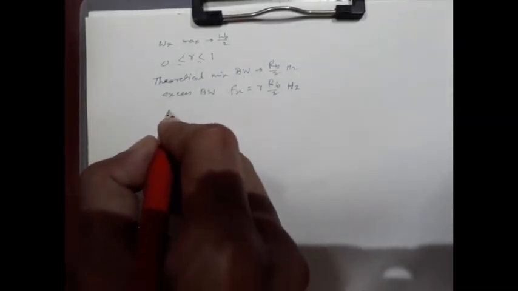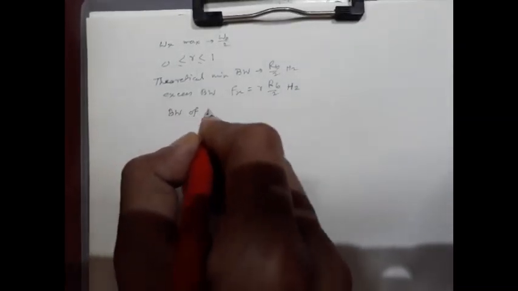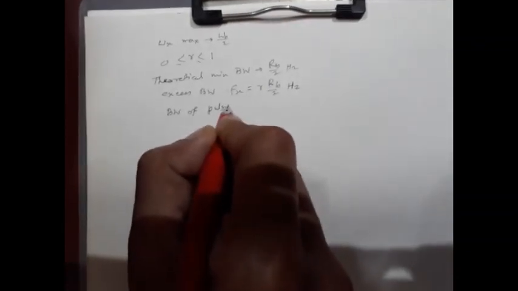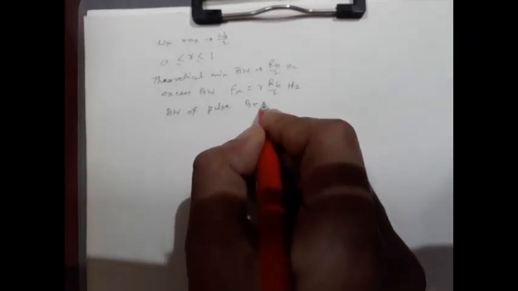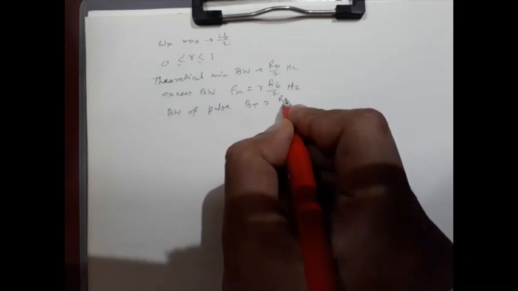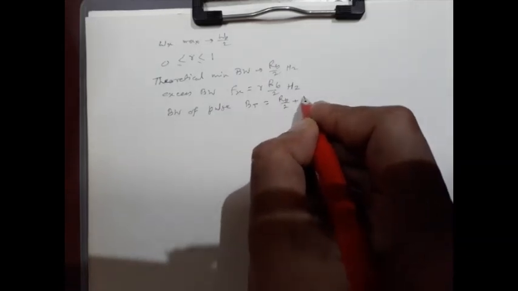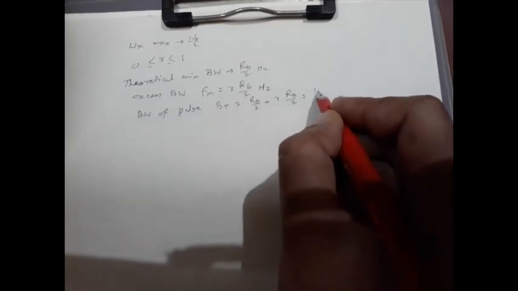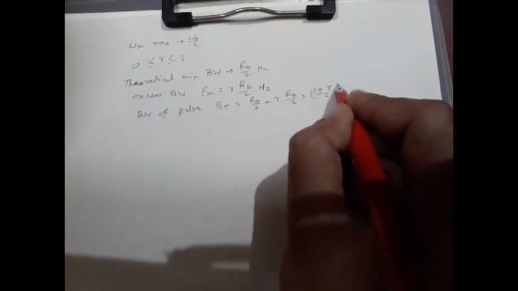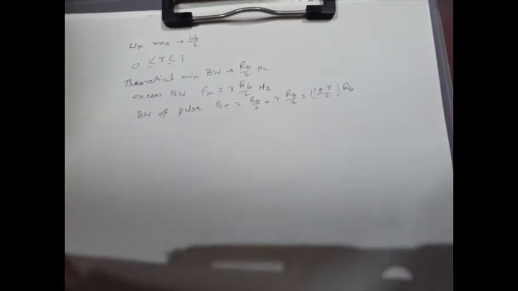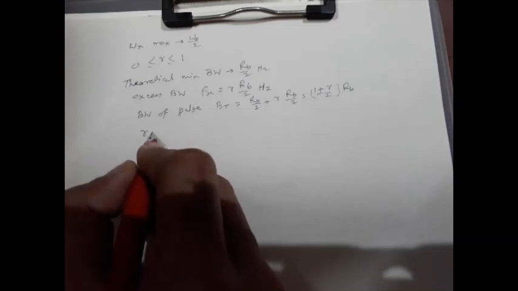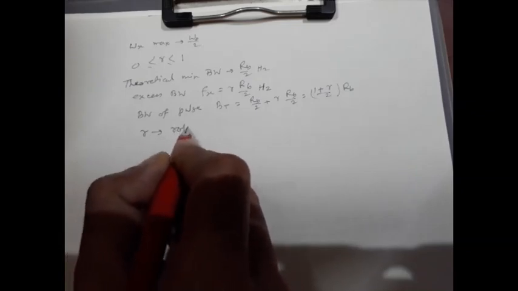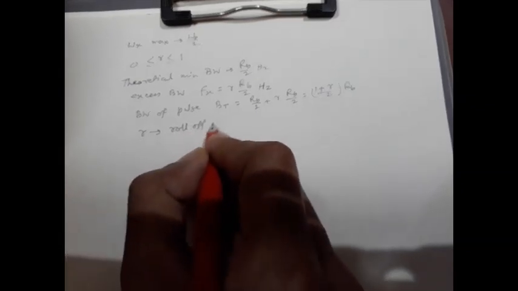So the bandwidth of the pulse, say Bt, equals the addition of these two: Rb by 2 plus r into Rb by 2, equal to 1 plus r by 2 into Rb. This r is the roll-off factor.